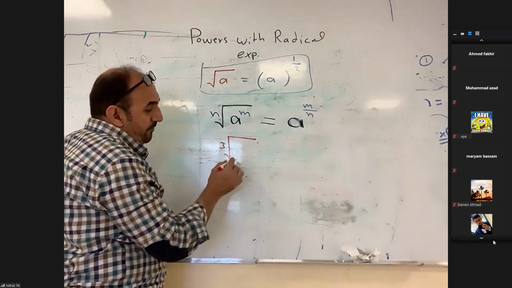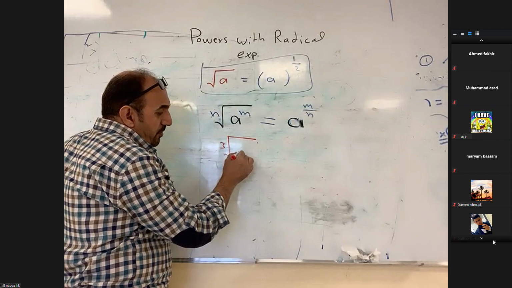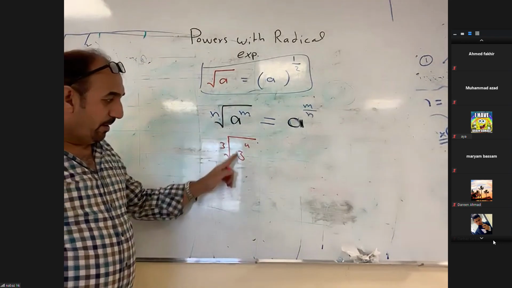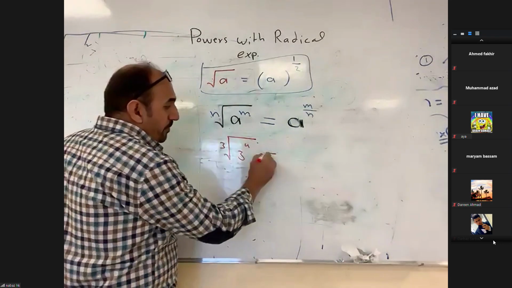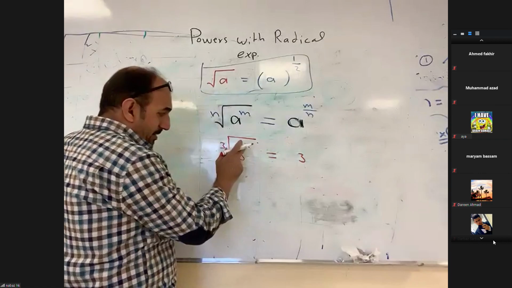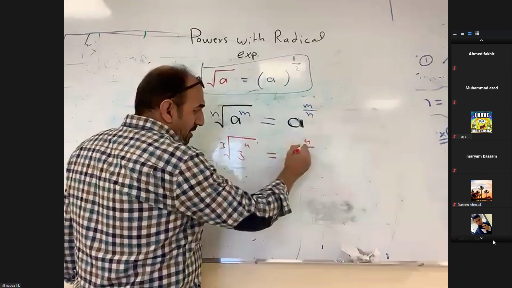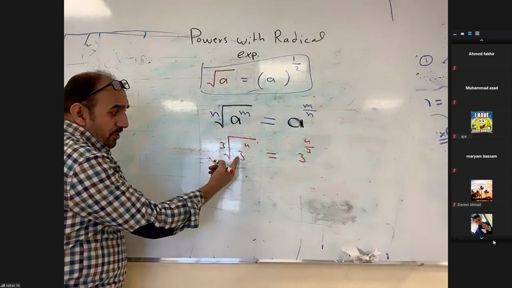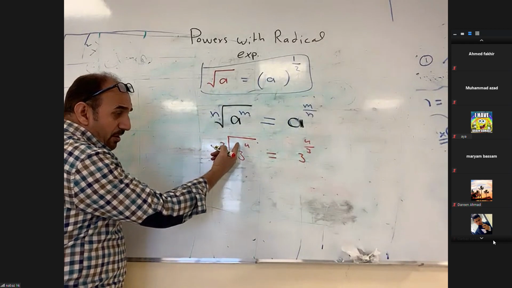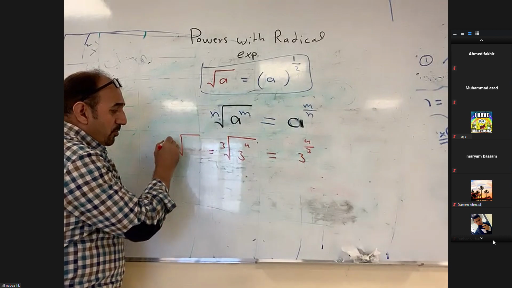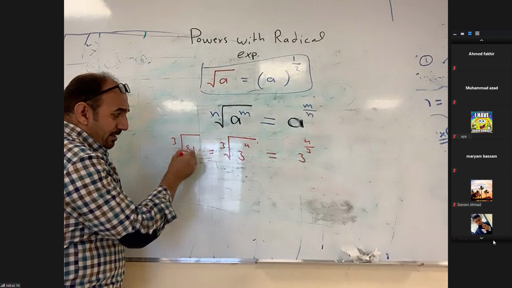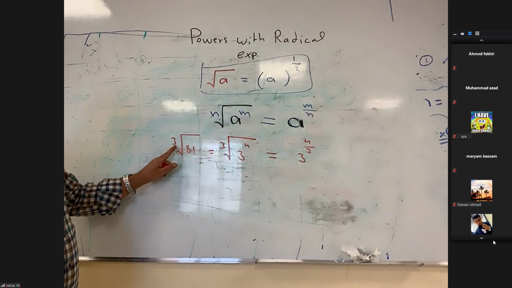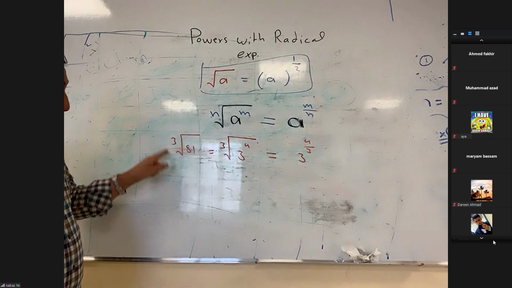For example, you have the cube root of 3 to the power 4, which is equal to 3 to the power 4 over 3. 3 to the power 4 is 81, right? The cube root of 81, don't say it's equal to 9.